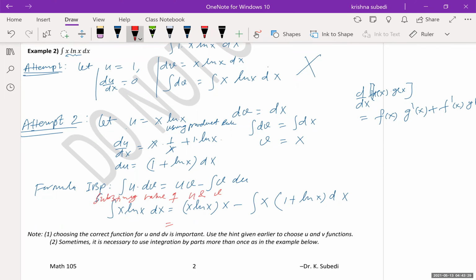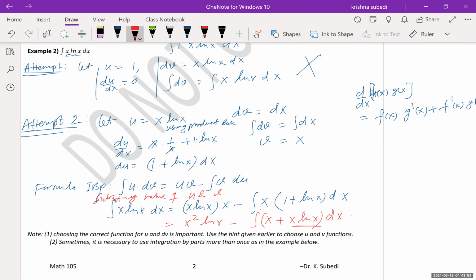If I simplify that, I'm going to get x squared ln x minus the integral of x plus x ln x dx. See here, we started with just x ln x. Now this integral is getting bigger and bigger. It's getting more complicated. We wanted to solve it.